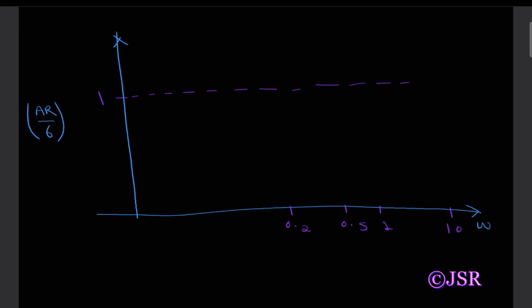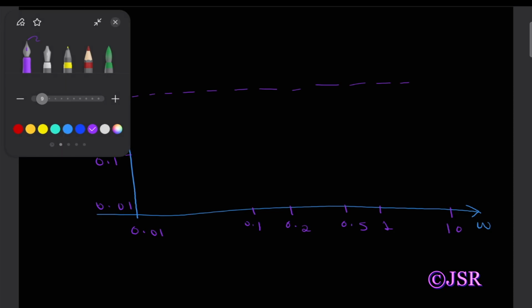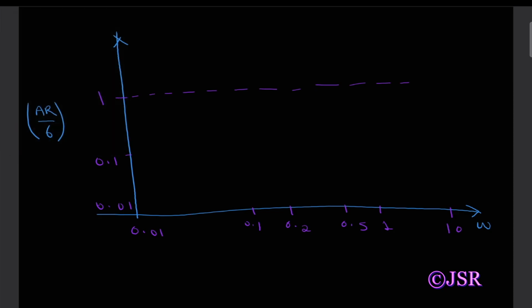Here let's say this is 1 and this is 10, and here we have 0.1 and this is 0.01. So this is omega C2 and this is omega C1.